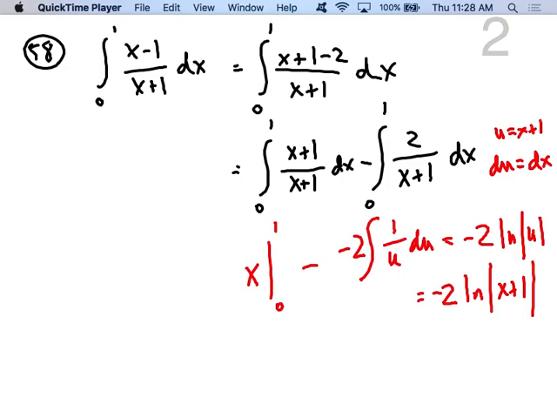Notice this will be 1 minus 2 times. If I put 1 in here, I get negative 2, if I put 1 in here, I get the natural log of 2. And if I put 0 in there, I get the natural log of 1. What's the natural log of 1? 0. That one you know. So there's your final answer. So maybe it is a good idea that we finish that.